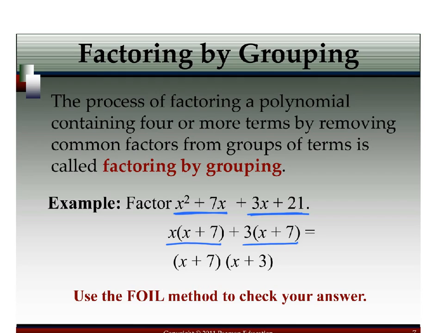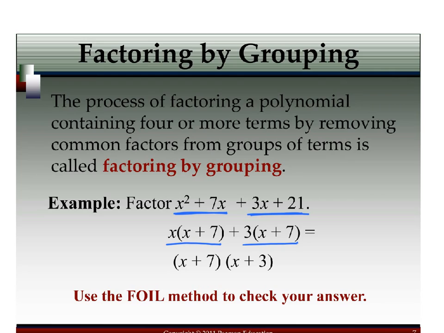It always should end up with these factors being the same. And so taking that factor out, I end up with just one factor of x plus 7, and what I'm left over with is x plus 3. So put that over here in parentheses. So that's how you do factoring by grouping with a quadratic.